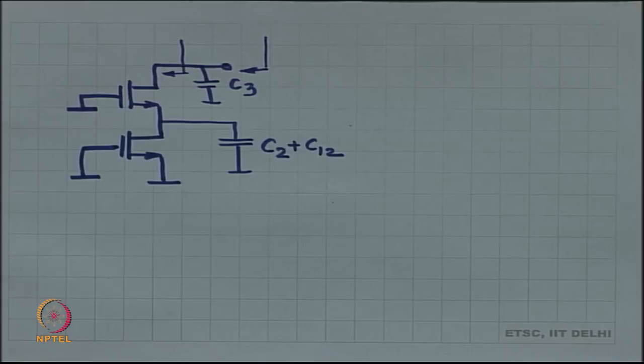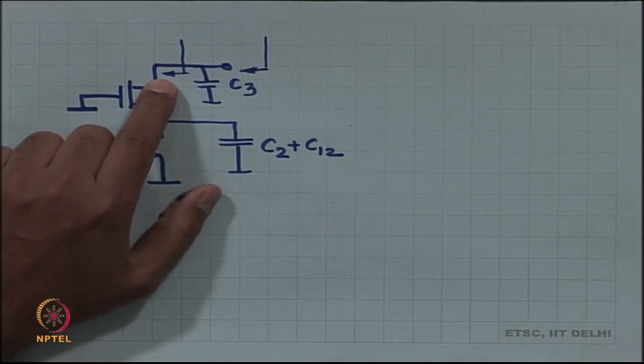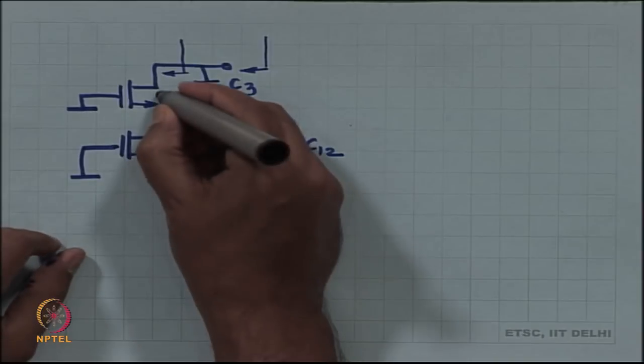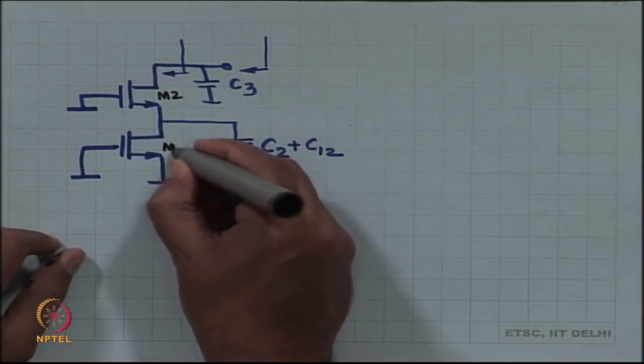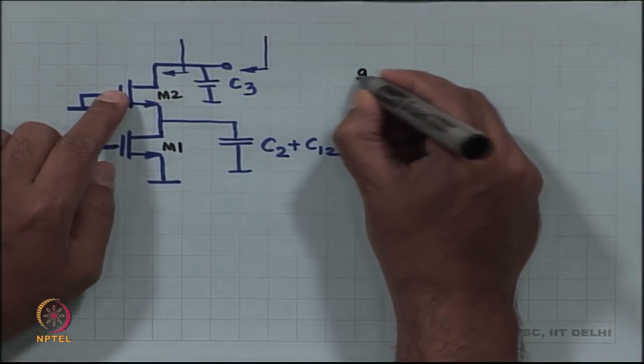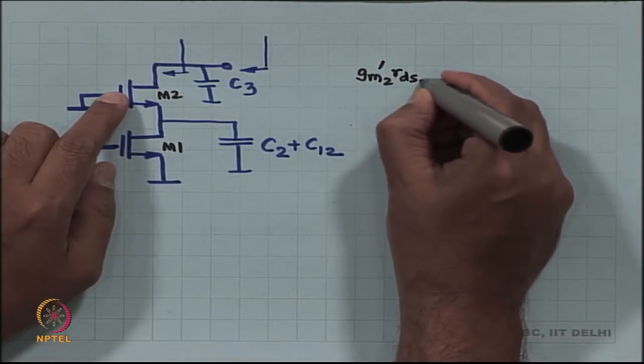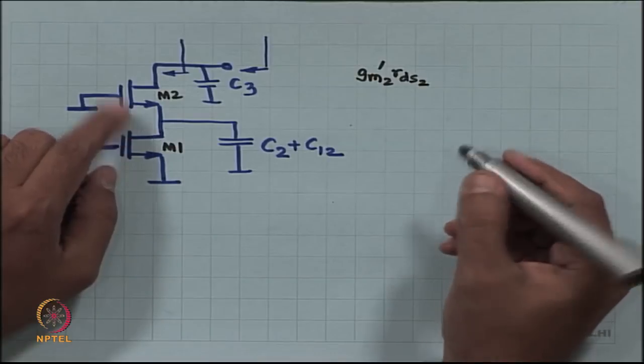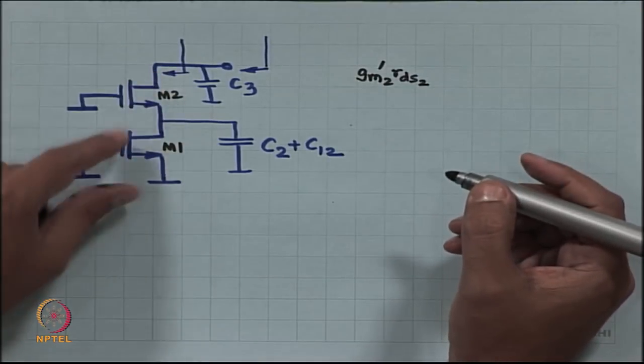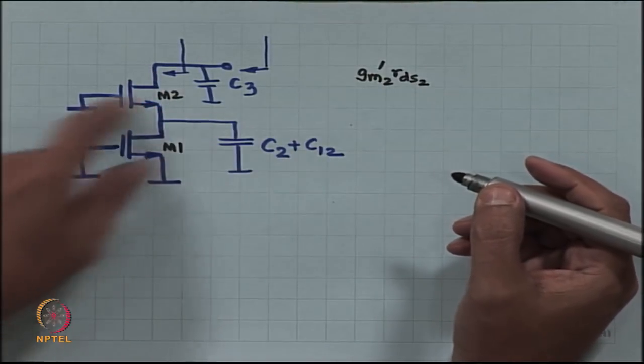So, by inspection, the expression is going to be intrinsic gain of MOSFET number 2, which is GM2 prime RDS2, times what is on the source.